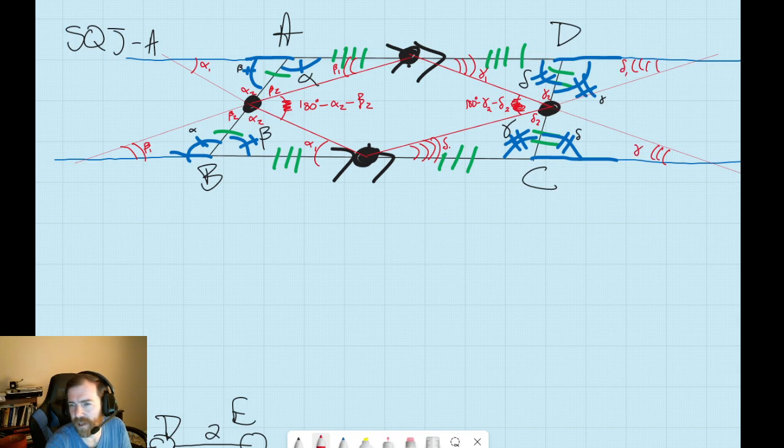Let's see, this is a gamma 1. This is going to be 180 degrees minus alpha 1 minus delta 1. And this is 180 degrees minus beta 1 minus gamma 1. Okay, so there's a certain other thing we can do here.